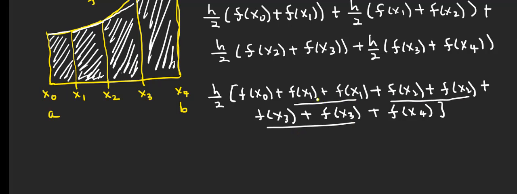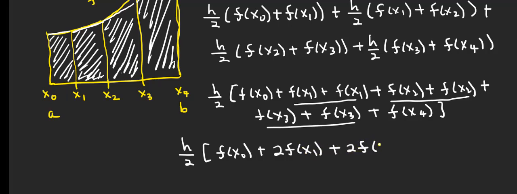So it looks like you combine the middle ones except for the first and the last. So you get h over 2 times the quantity f of x0 plus 2 times f of x1 plus 2 times f of x2 plus 2 times f of x3 plus f of x4.